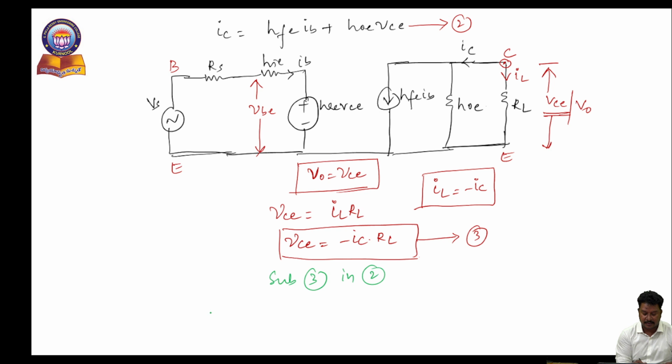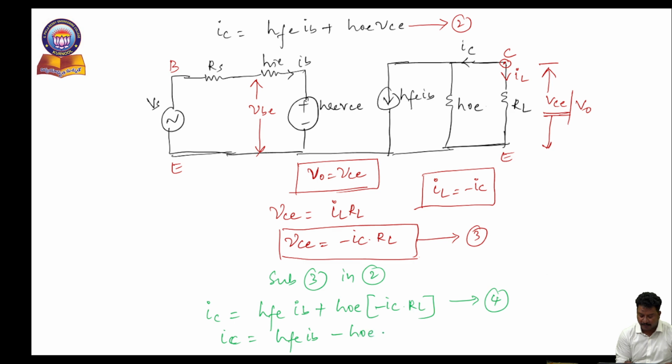After substituting the resultant equation of equation 2, IC is equal to HFE IB plus HOE, in the place of VC, I have to substitute third equation, minus IC into RL. This as equation 4. Now IC is equal to HFE IB minus HOE IC into RL.